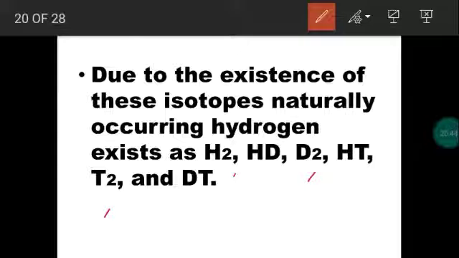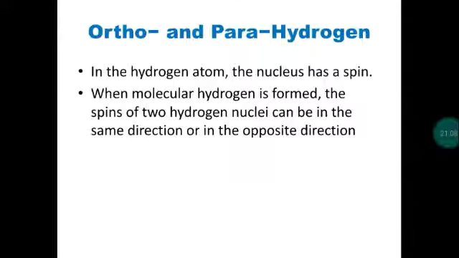Two tritium atoms will combine together to form a T2 molecule, or one hydrogen and one deuterium can combine and exist as HD. One ordinary hydrogen and one radioactive hydrogen can exist as HT, and one heavy hydrogen and one radioactive hydrogen can join together to exist as DT. So single hydrogen cannot exist.